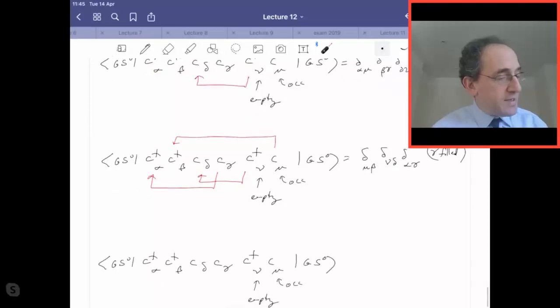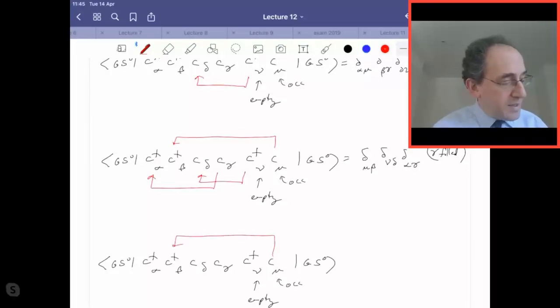And the last possible term, make sure I get this right. So nu is going to match with beta. This one will match here, and this one will match here. So this will give me delta mu beta, delta nu gamma, delta alpha, and the constraint here is that delta must be filled.